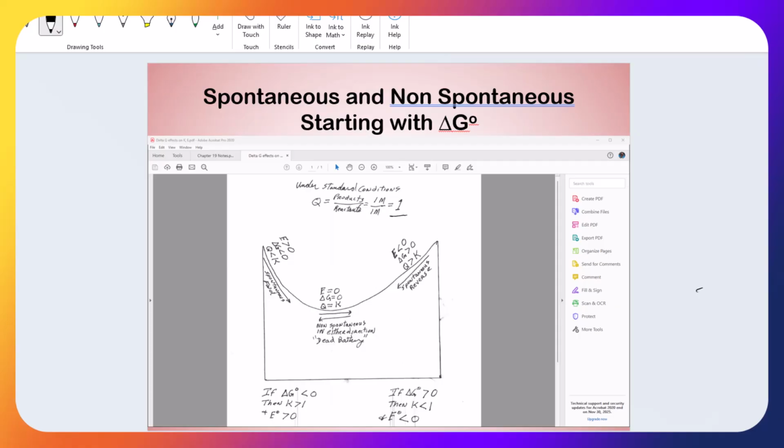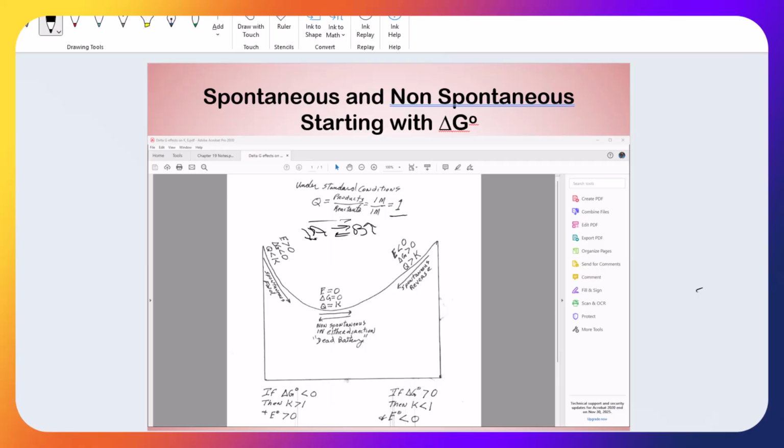Now, if a reaction is spontaneous in the forward direction, so let's just say that our reaction is A in equilibrium with B, and our reaction is going forward. Well, if the reaction is headed in the forward direction, A is disappearing. It's getting smaller. The product B is increasing. It's getting larger.